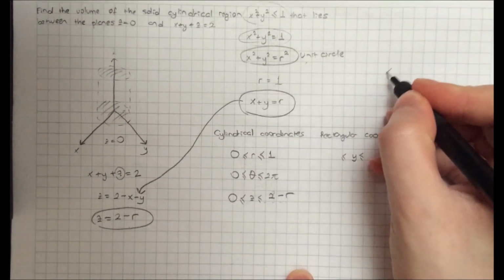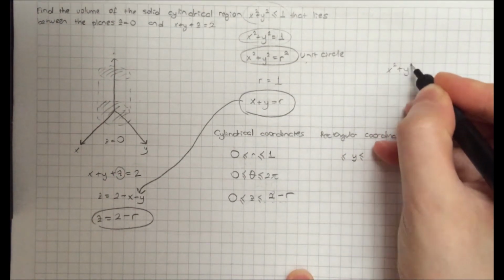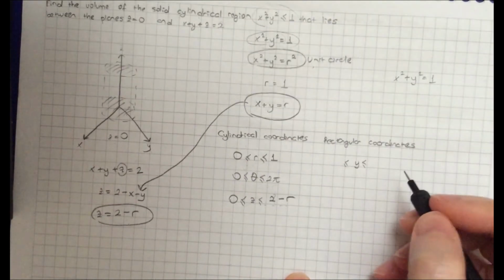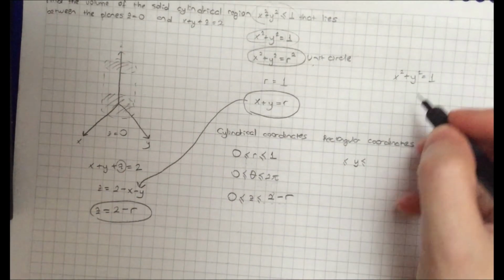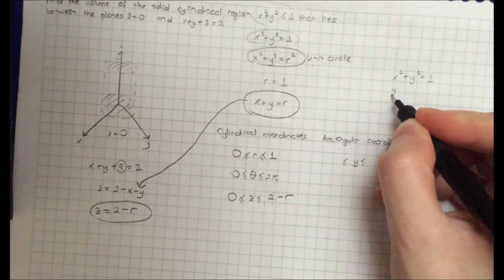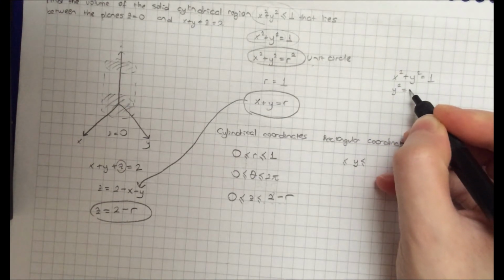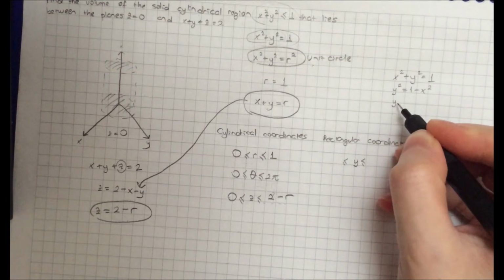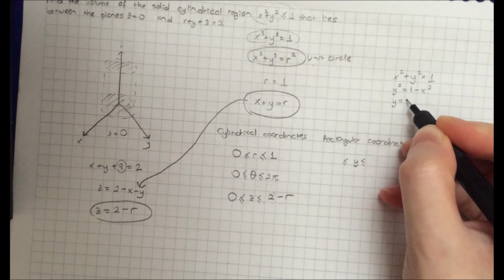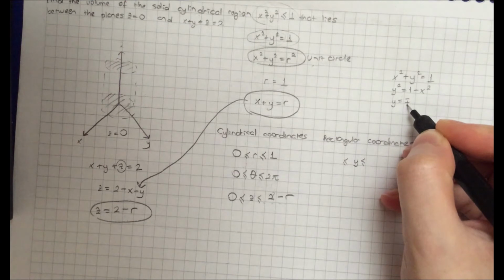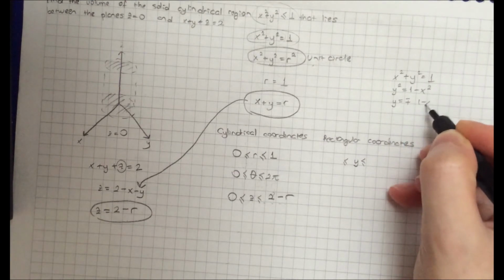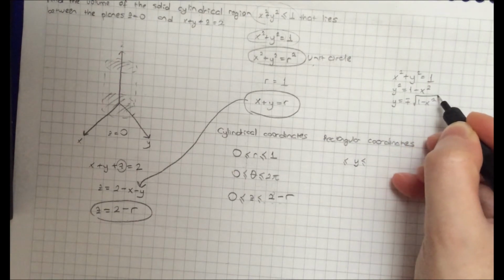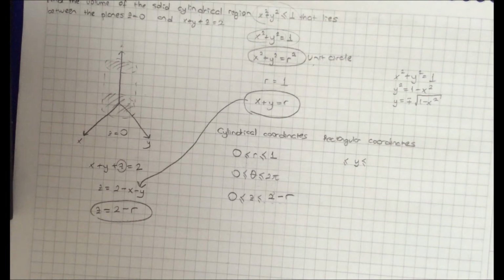So x squared plus y squared equals 1. And if we separate the y squared, it is 1 minus x squared, and y equals minus or plus this.